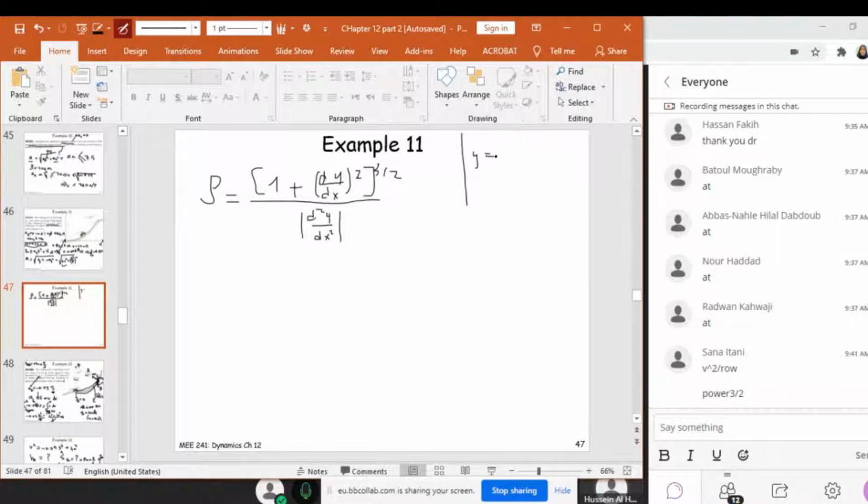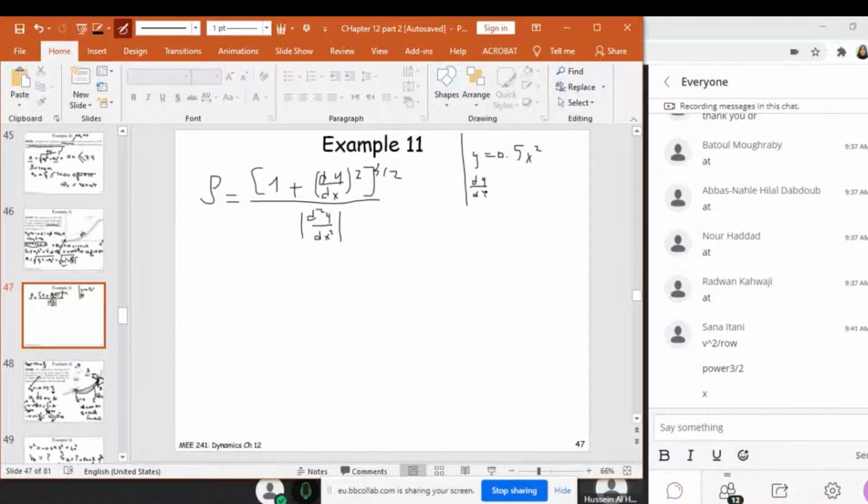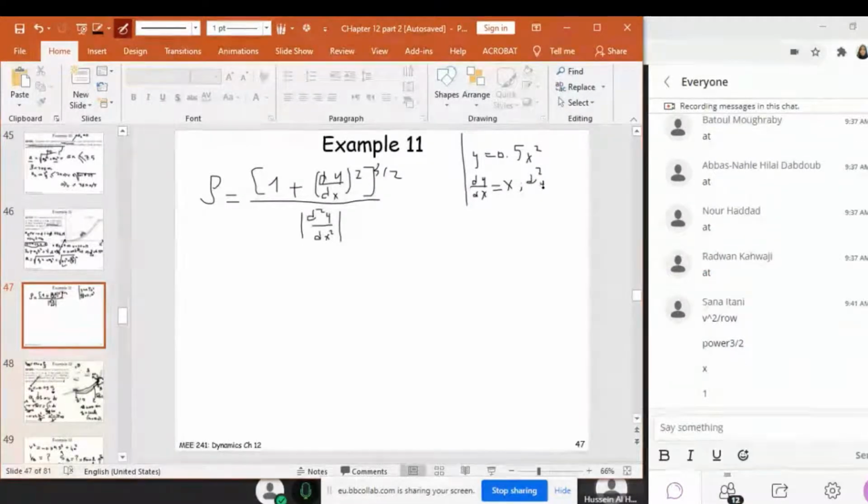What is y? y is 0.5 x squared. And this means, guys, that dy over dx is x, and d squared y over dx squared is 1.